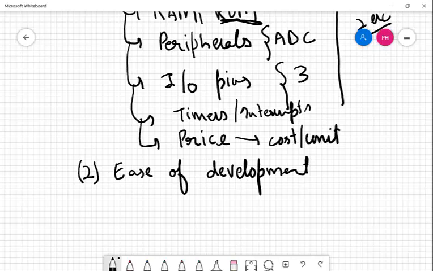Now I also have to check how easy it will be to develop a product around this microcontroller. The key considerations here are the compilers available, which will be used when I write a program in a high level language to change it into an assembly language program.